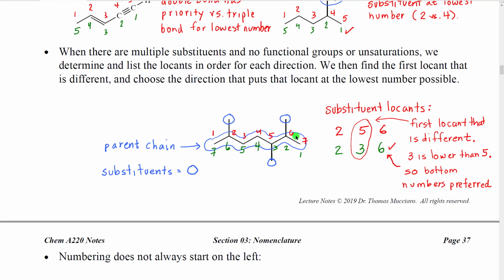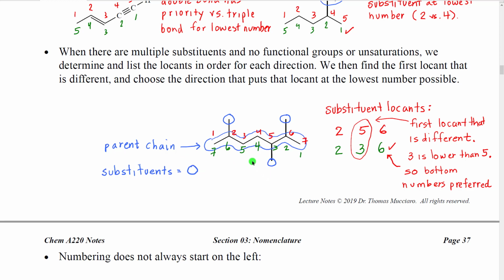So I have the red numbering system on top, I have the green numbering system on the bottom. Now what I've done is I've circled the substituent groups, which in this case are all CH3s, but they could really be many different carbon groups, they can be halogens, they can be ether groups, and there is no priority among them. They're all just treated as substituents.